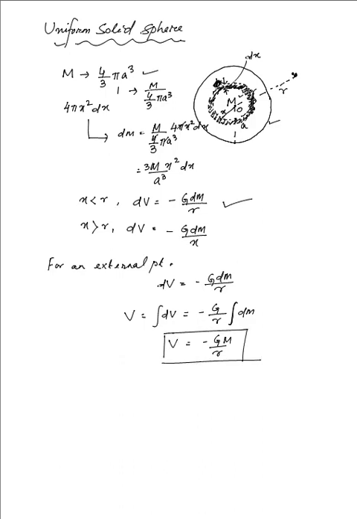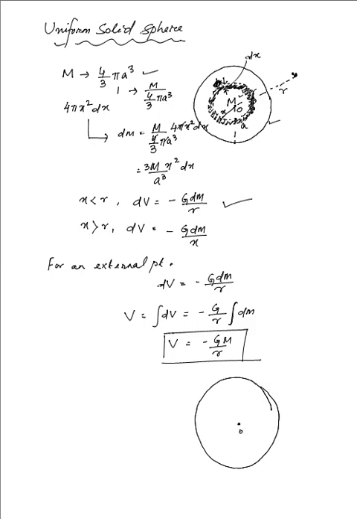Now what about the internal point? In case of an internal point, we will have to take a few considerations. I'll redraw that sphere for you. This is more or less the sphere, and this is the center of the sphere.